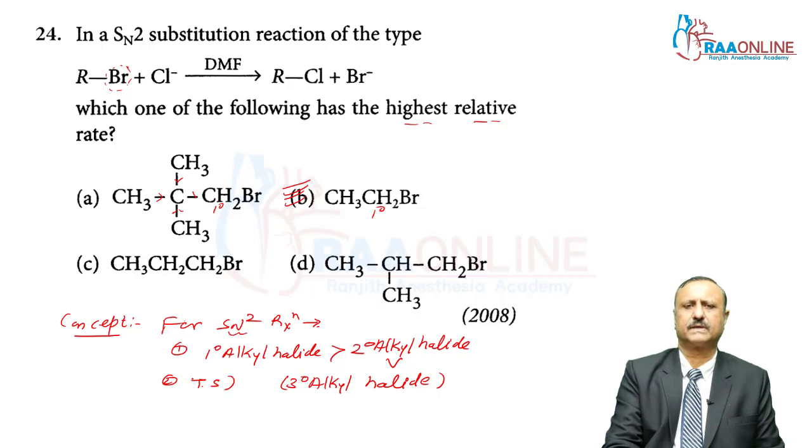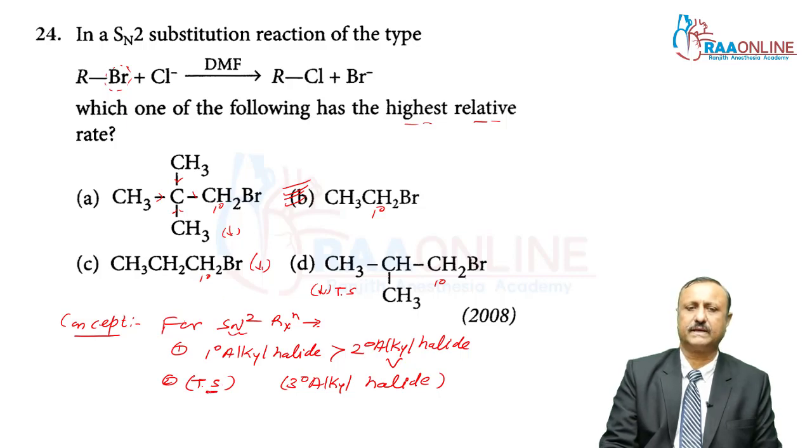Here the transition state is less formed because the molecule is bigger. Primary alkyl halide is present in all compounds, but there is hindrance in this compound. So the highest relative rate is only answer B. So question number 24, you get the answer B.